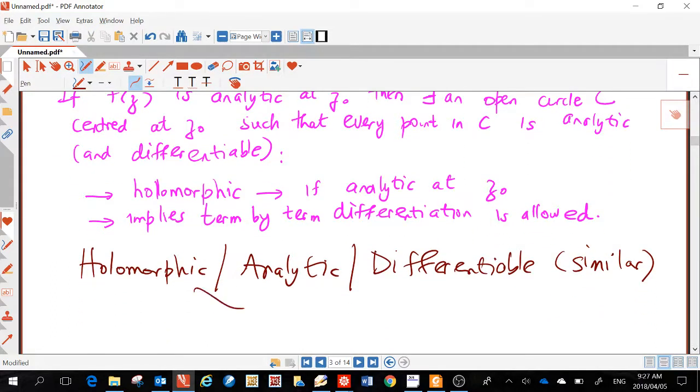And in all cases, we can say that they satisfy Cauchy-Riemann equations. The central thing that binds them. What are the Cauchy-Riemann equations? Ux equals Vy, Uy equals minus. What comes next?